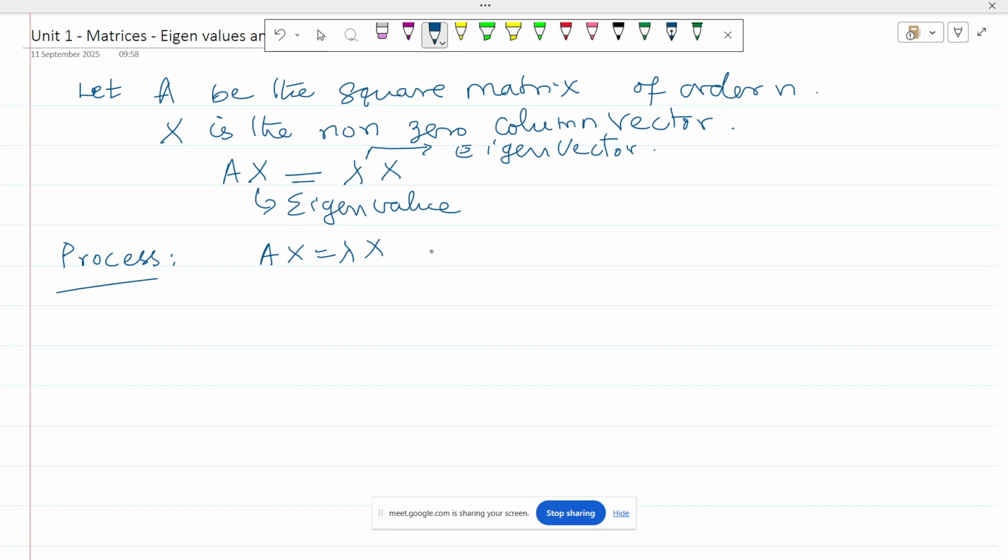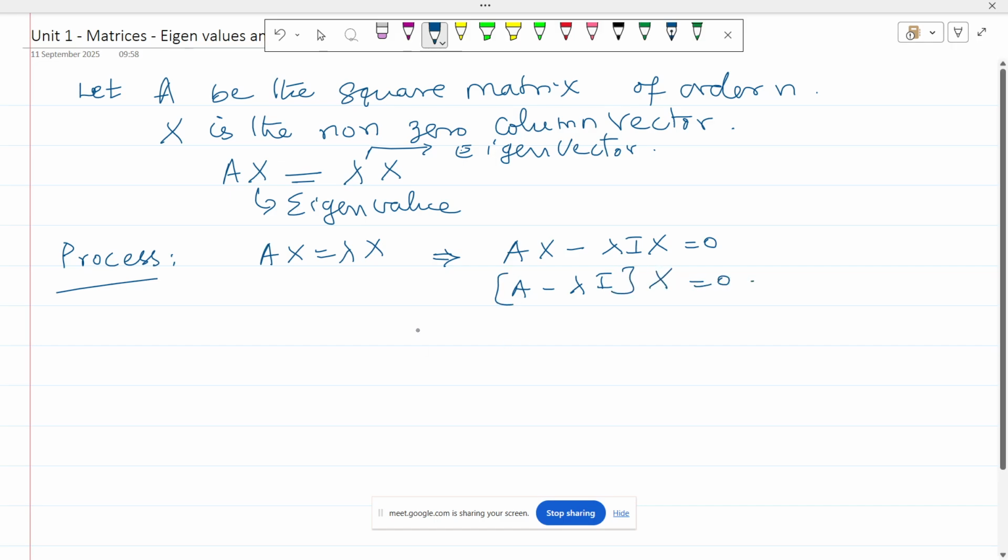Okay, so Ax equal to lambda x implies Ax minus lambda I into x equal to 0. If I take x outside, then A minus lambda I into x equal to 0. Then the determinant of A minus lambda I equal to 0 gives the characteristic equation.